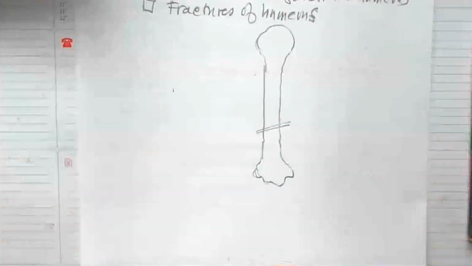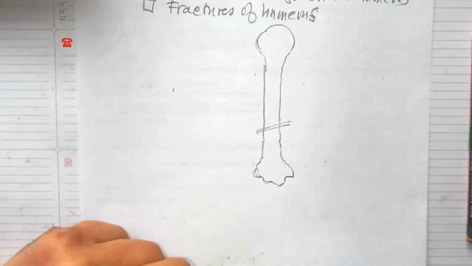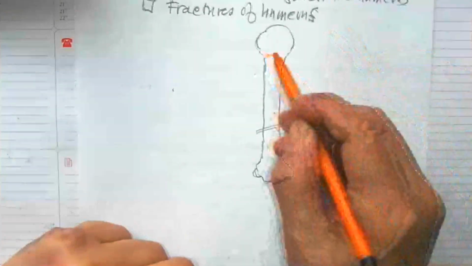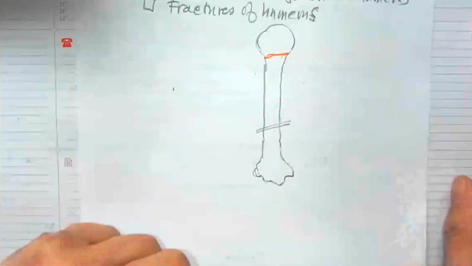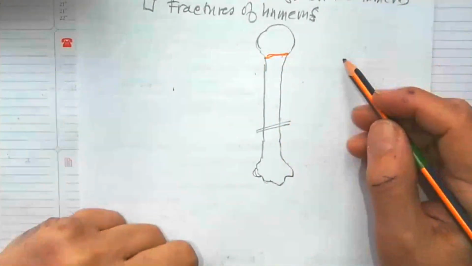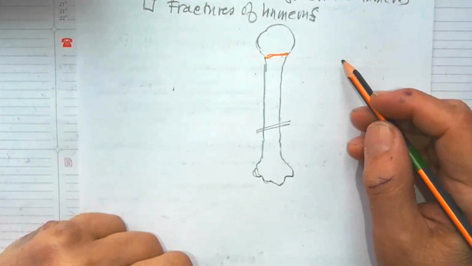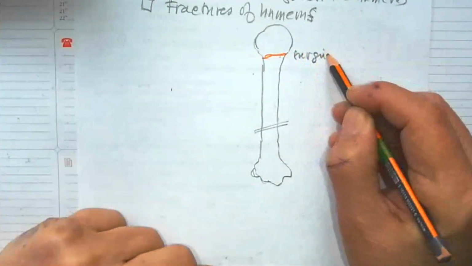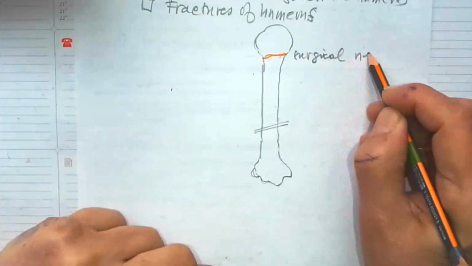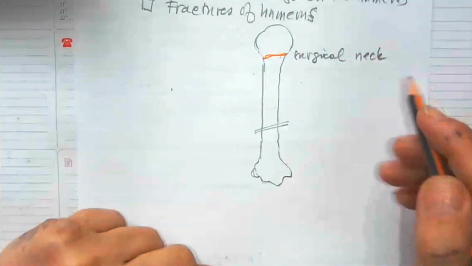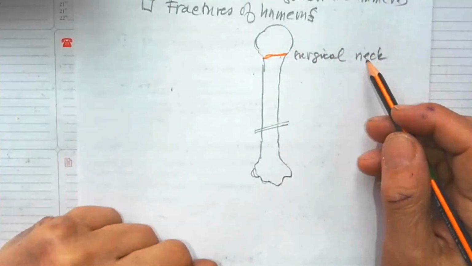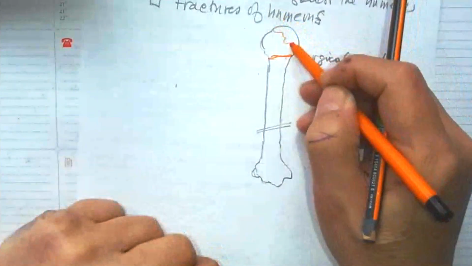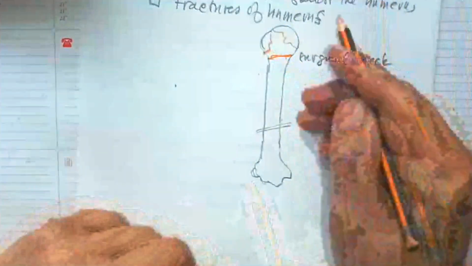Using blue or any other color lines, we could say that very frequent are fractures of the proximal end at the surgical neck. We know that all the fractures can affect the vessels. Then in the proximal end, also the fracture of the tuberosities.